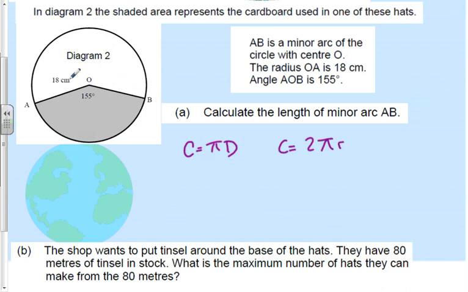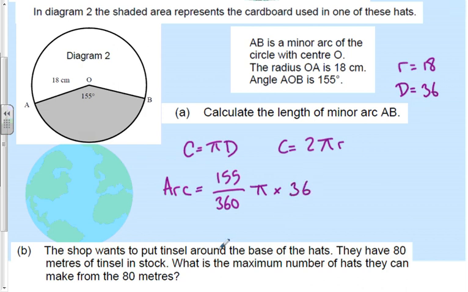Now there are 360 degrees in a circle. We are using the portion of 155 degrees. So the length of our arc is going to be 155 divided by 360 multiplied by the circumference, which is pi times, and our diameter is 18 times 2, because our radius is 18, which makes our diameter 36.